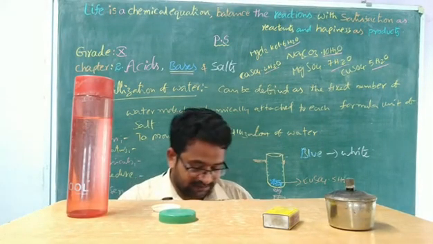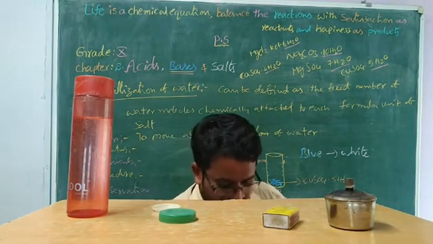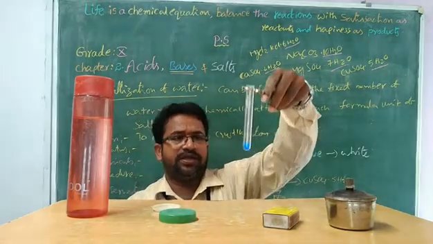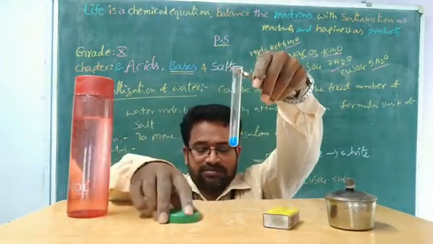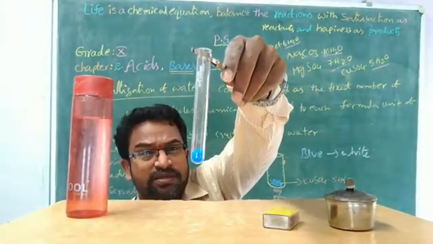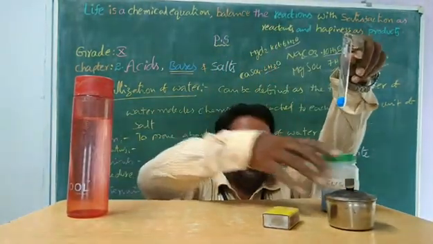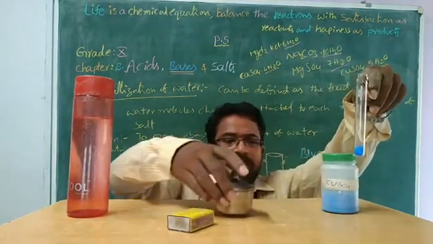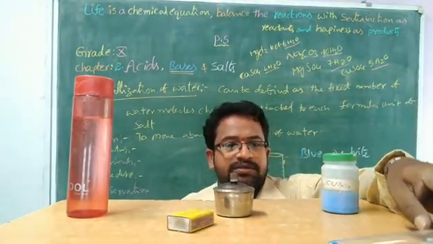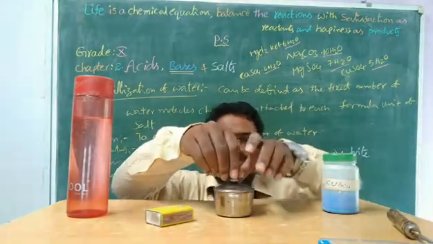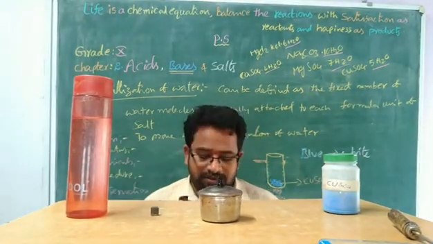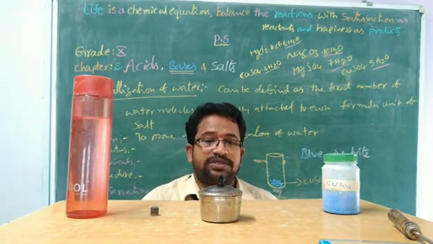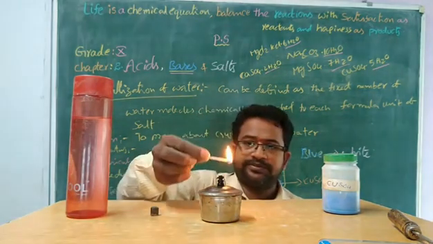Okay, so what is that color now? A very little amount of copper sulfate salt has been taken in this test tube. Now we have to heat this one. How to heat this copper sulfate? For that purpose, we are using a spirit lamp.